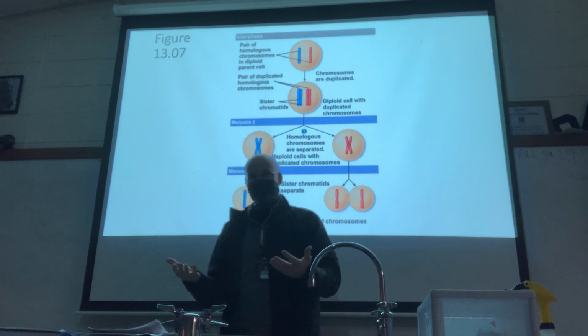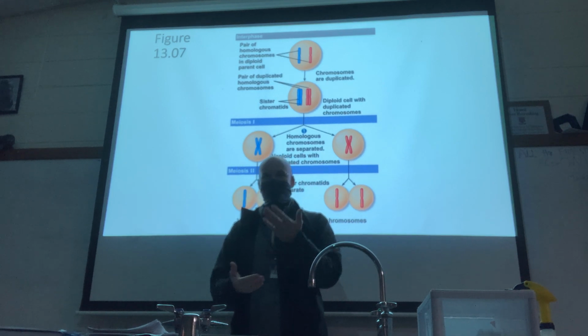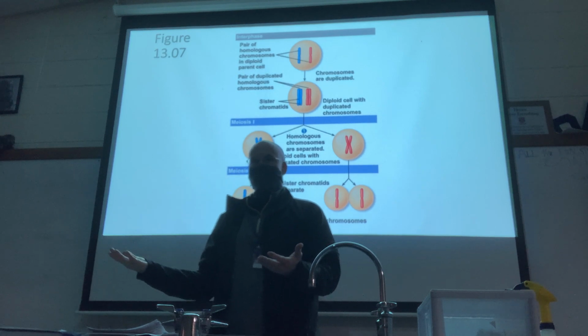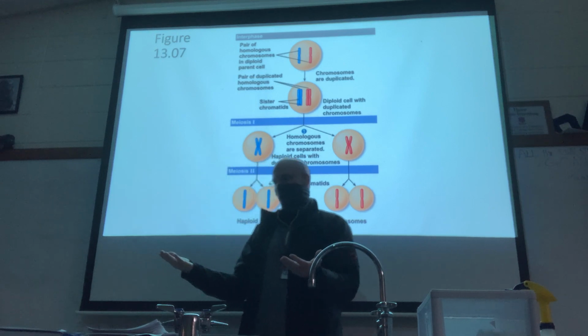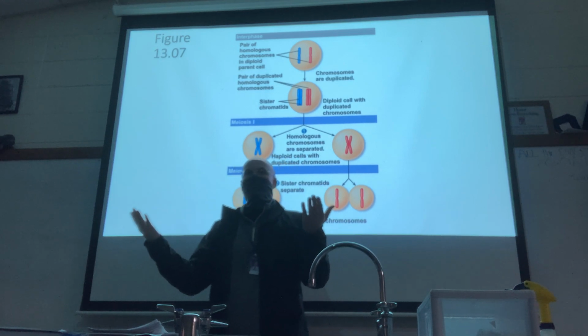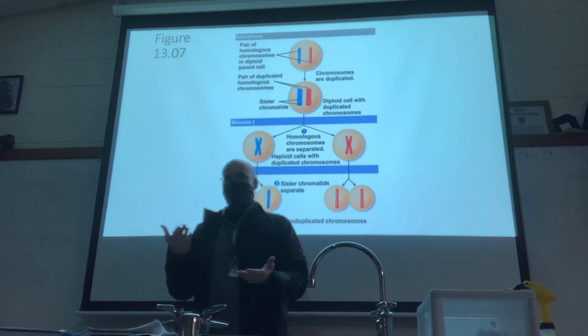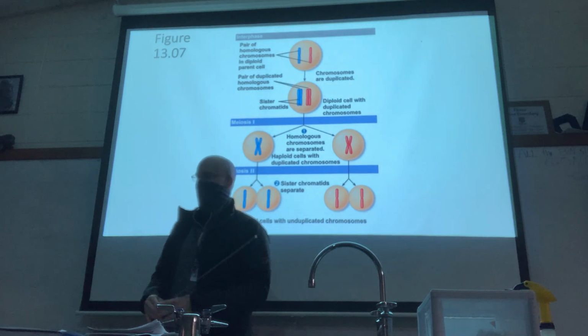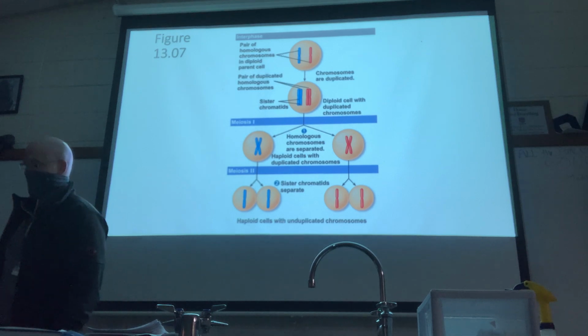It will grow up. It will make sex cells with half the number. If that individual reproduces, they would then merge their sex cell with another sex cell back to 46. So that's the pattern of reproduction.